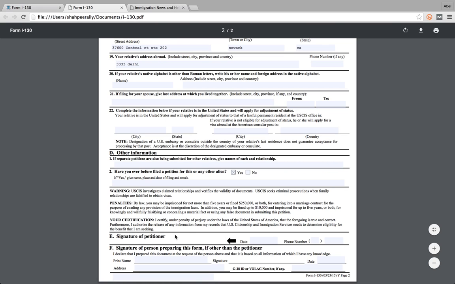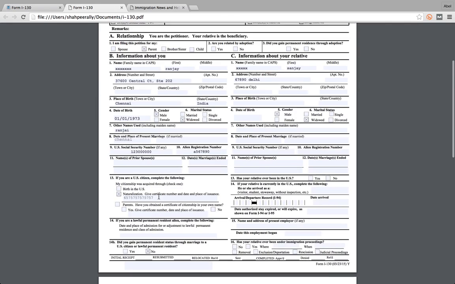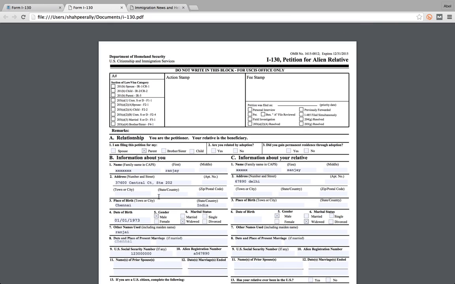And here they made it simple. You sign on that, and if someone else is preparing this, like for example I, as the lawyer, will fill the information here. And remember, it has to be a lawyer or someone, a family member or an organization to fill this for you. This is a quick overview of the Form I-130.